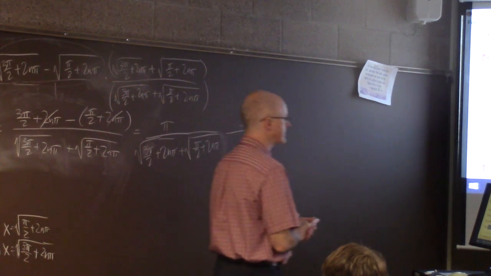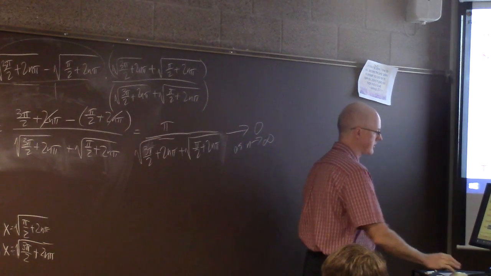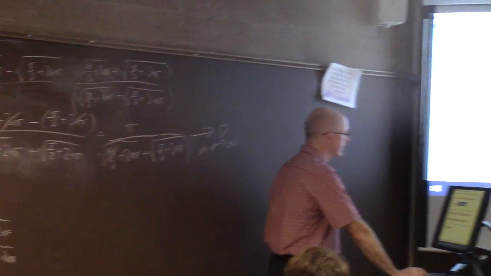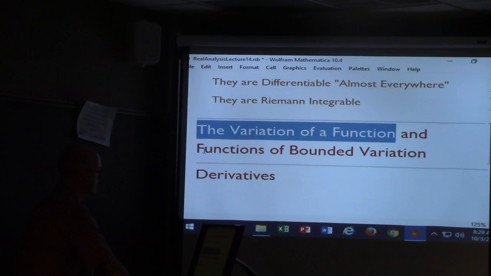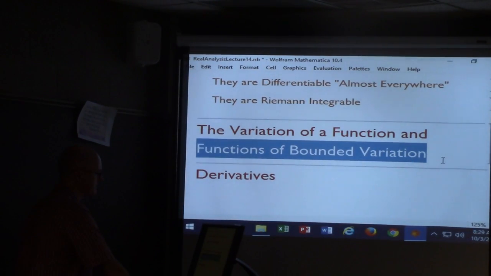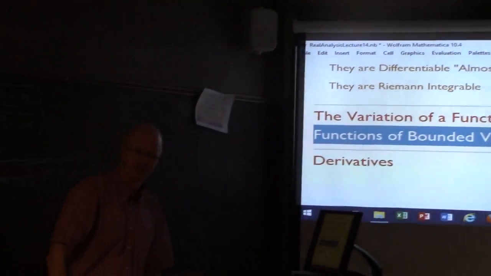What I think is more important to spend more time on, though, is an even harder concept, and that's called the variation of a function and something related, functions of bounded variation. This is a pretty tough topic. If you've finished reading chapter 3, you know what I'm talking about. You know it's tough, if you force yourself to struggle through it.